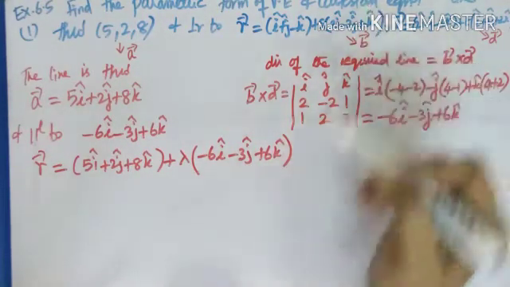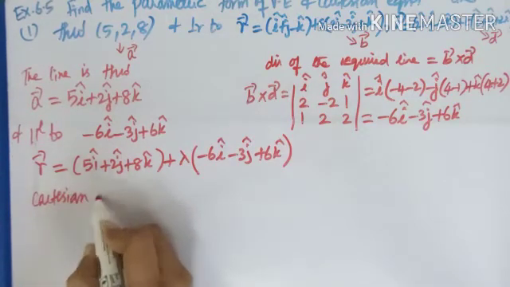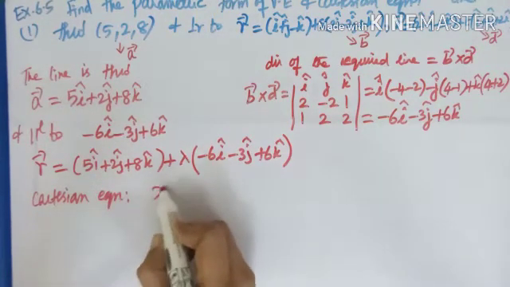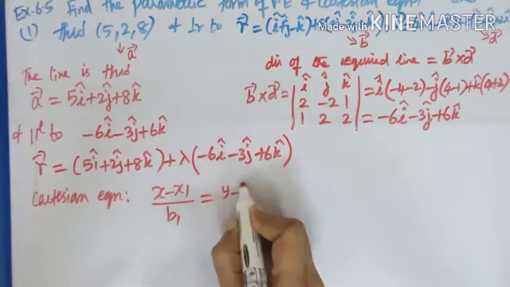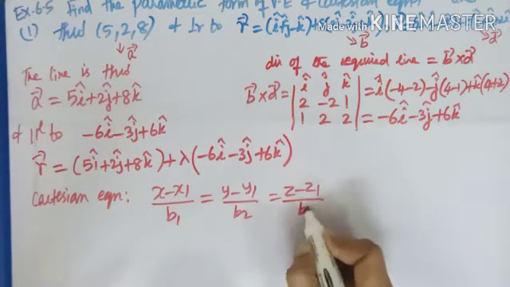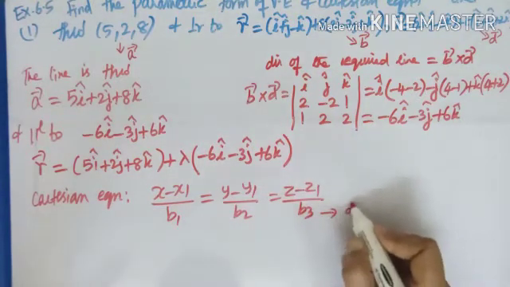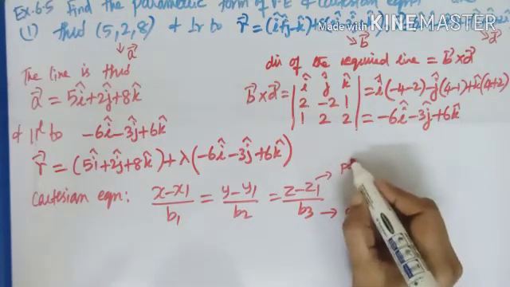Now my question is Cartesian equation. How to write the Cartesian equation? The formula is x minus x1 by b1, y minus y1 by b2, z minus z1 by b3. These are all the directions. The numerator we say point.